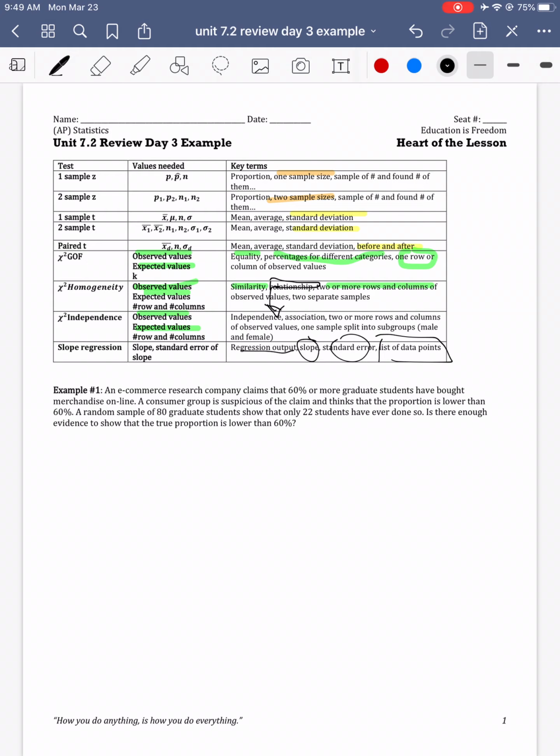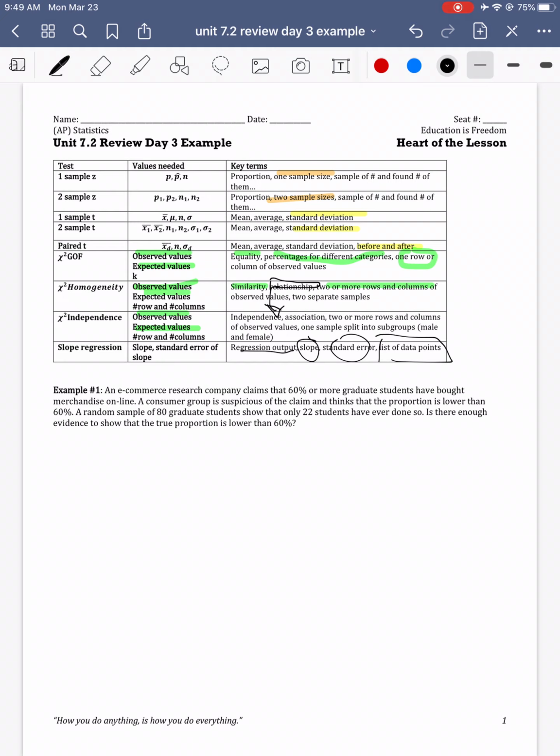And we'll look at a problem like that next week so that we are all comfortable doing that in our calculator. I know we did it in Unit 2, but just as a review, a refresh on that, we will take a look at that next week. But this is our guide for the next couple days in terms of review, because I know that there are a lot of significance tests.